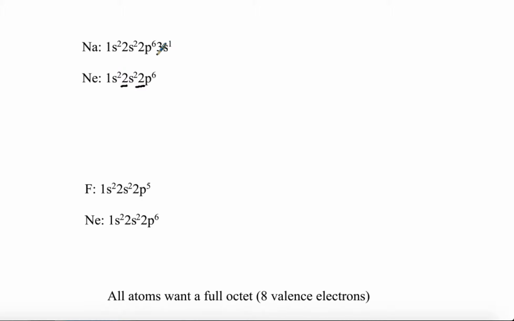Sodium has 1 electron higher than that. So for sodium, it's a matter of losing 1 electron. So if sodium can lose 1 electron, its configuration then matches up with neon. This 3s1 essentially disappears. Now sodium, which has just lost 1 electron, becomes sodium +1.